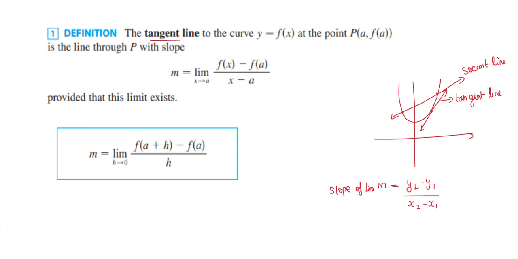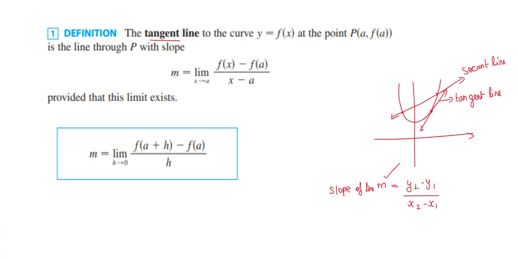Here m represents the slope of the tangent. Using this, we can find the equation of a tangent line. But we need to know what m is. For finding m, we can use limits, the derivative. Using limits we can find the slope of the tangent, and by using that we can find the tangent line equation.